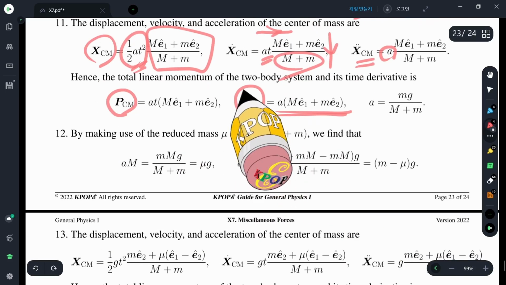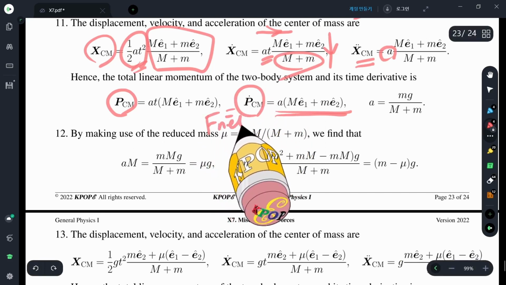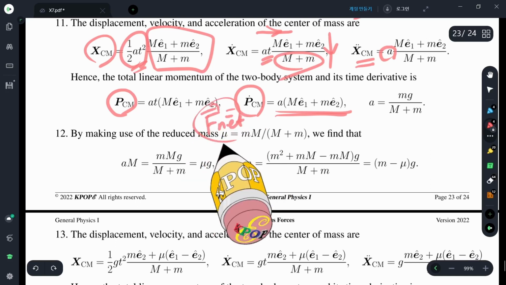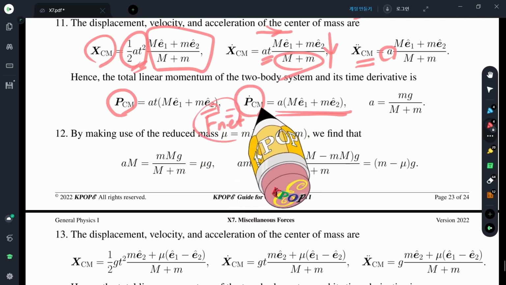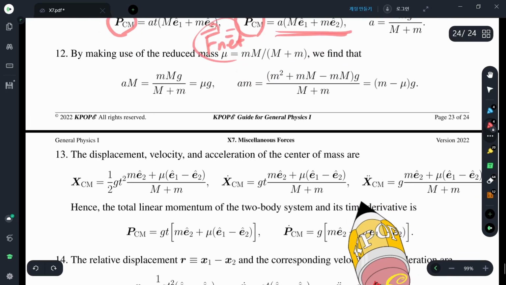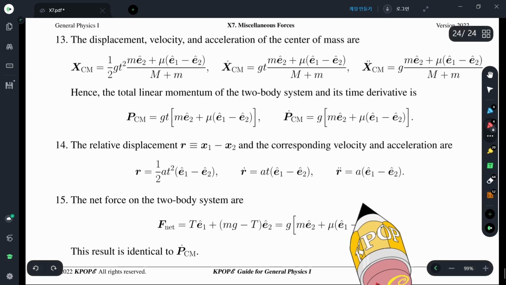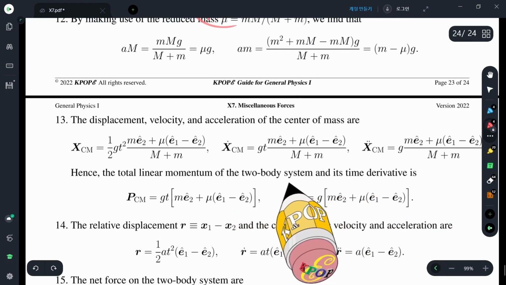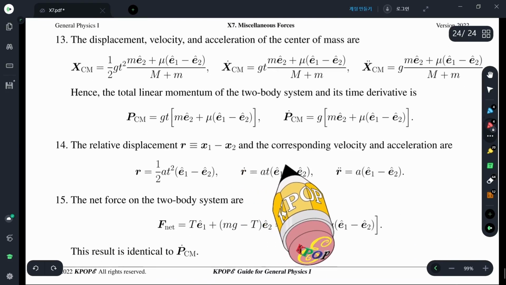This is the net force on the center of mass, the net force on the whole system. And you can compute further what I have asked, but this is just training for simple mathematics. It's not mathematics, just arithmetic.